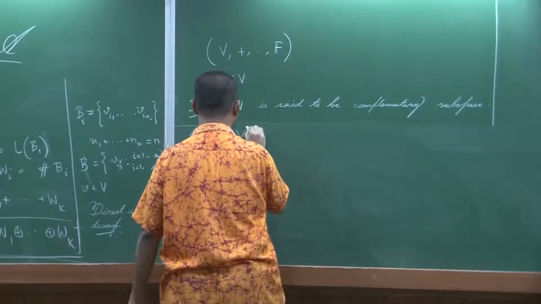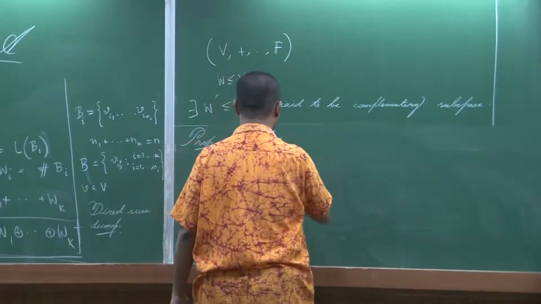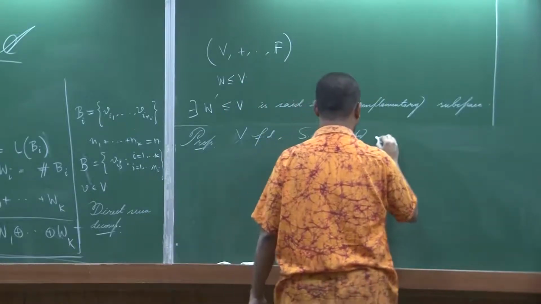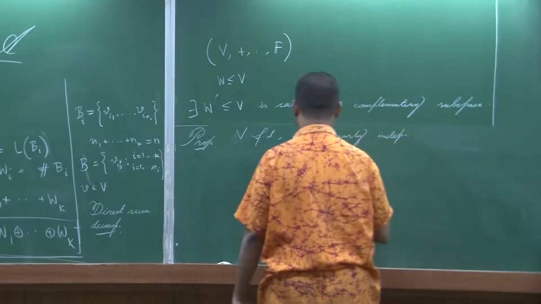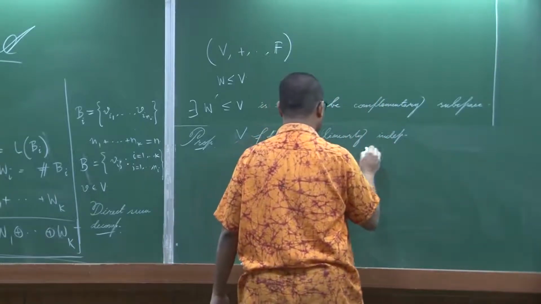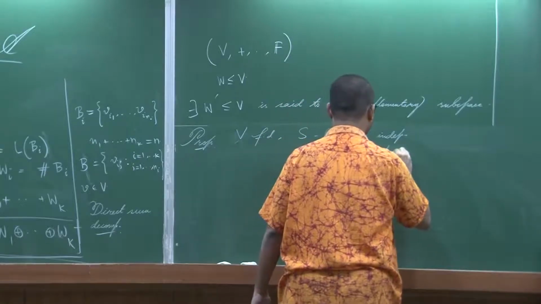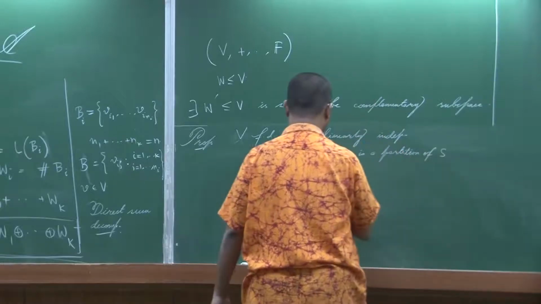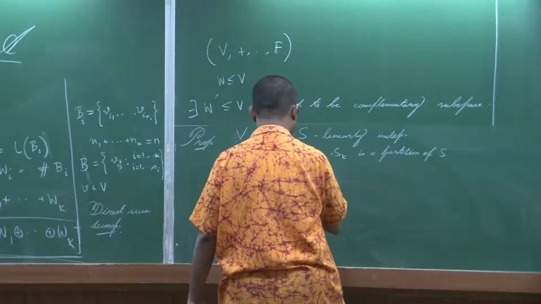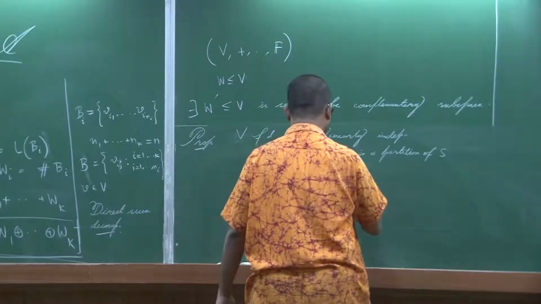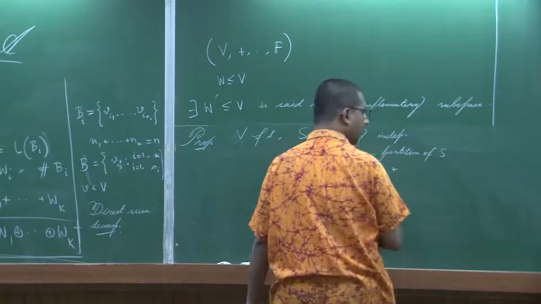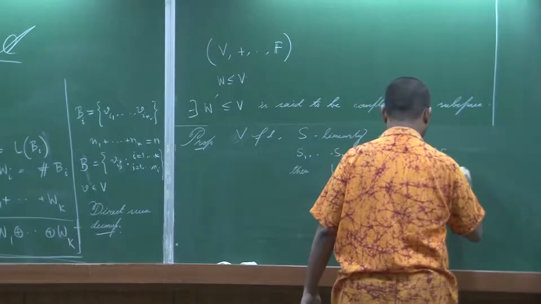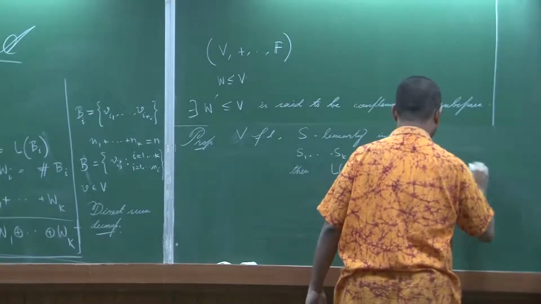Assuming V is finite dimensional and S is linearly independent, if S1 up to Sk is a partition of S, then the sum is direct.